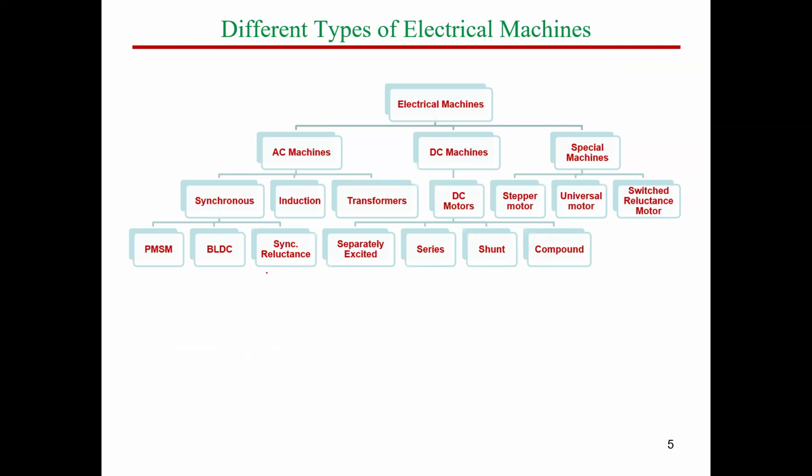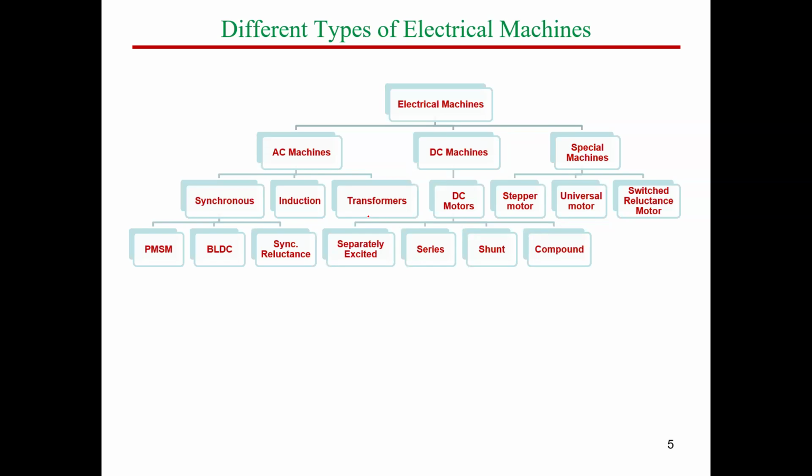So this is a classification, guys, for electrical machines. We will learn some of these machines. We cannot learn all types of machines for sure. If you'd like to learn all types of machines, you will need at least 3 courses to cover the different types.